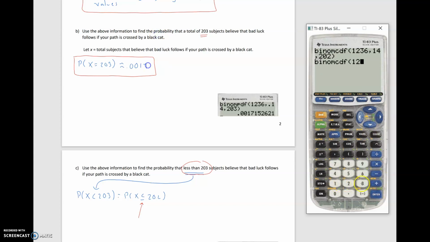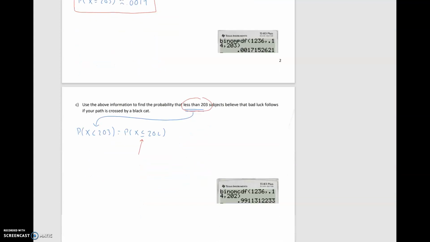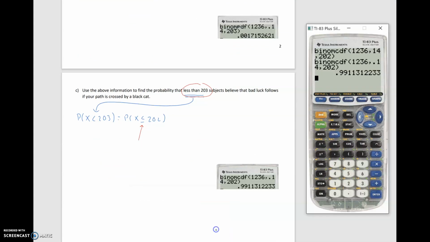Okay, so 1236, comma, 0.14, comma, 202. There we go. I already cut and pasted that portion, but this is once again the important part. It's a CDF, and it's going to be evaluating all the way to 202 from 0. Technically from x is equal to 0.